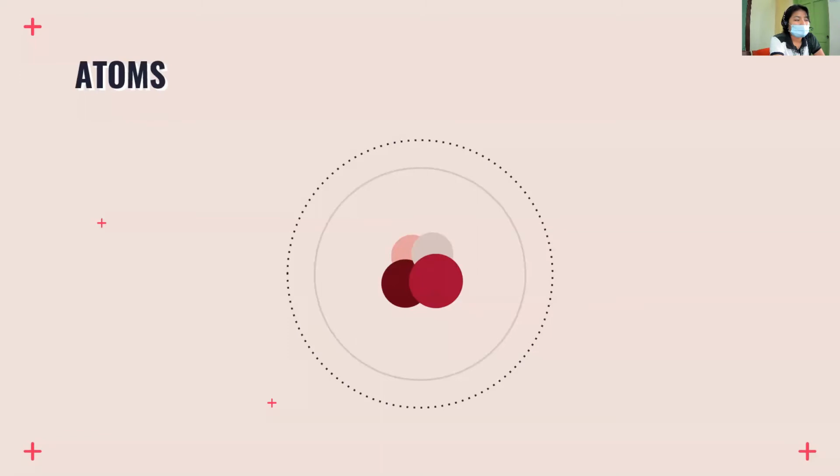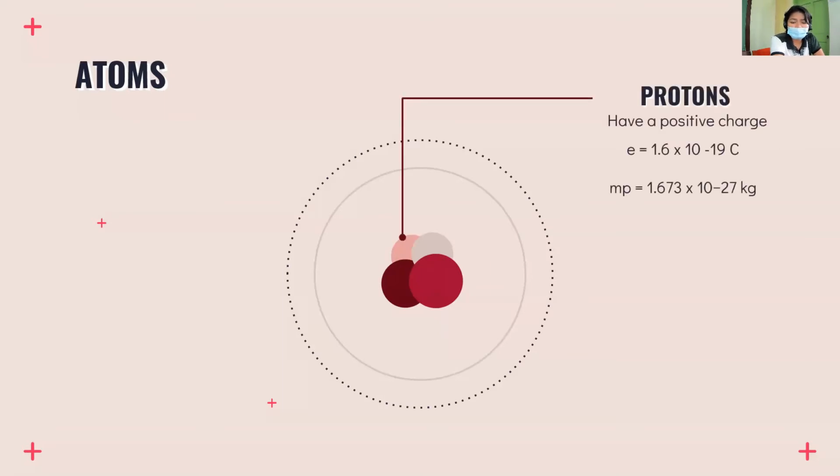Tama ba? Now, to understand electricity, kailangan nating magsimula sa atom to know what are the charged particles na alam natin. Pag positive, proton, pag negative, electrons, at kung neutral naman, we have neutrons. And another dapat natin tandaan are the constant numbers.